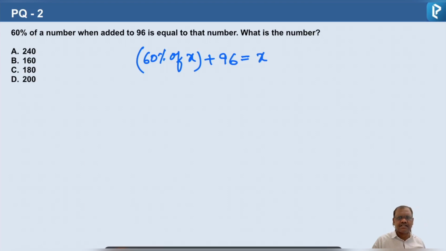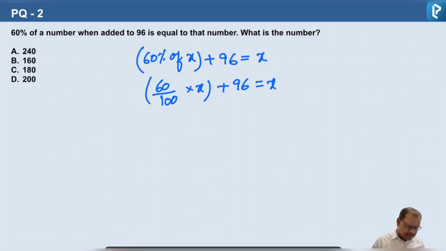That number is x. So we have to simplify this equation and find the value of x. 60 by 100 into x plus 96 is equal to x.